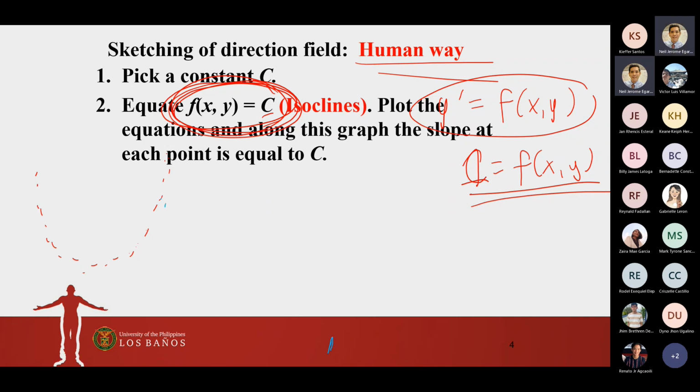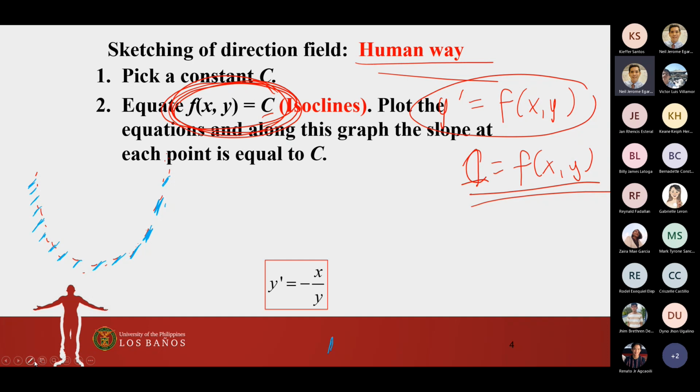Line segment ang slope ay equal kay 1. Right? Along that curve. So dun sa isocline na yan, lahat ng line elements mo, ang slope ay dapat equal kay 1. Something like that. Right? And then you will do this for a bunch of different points.